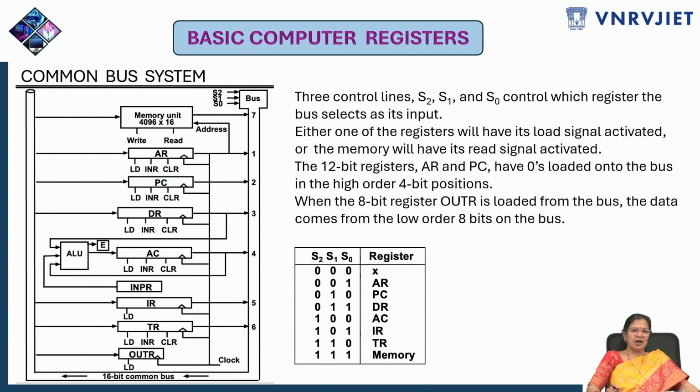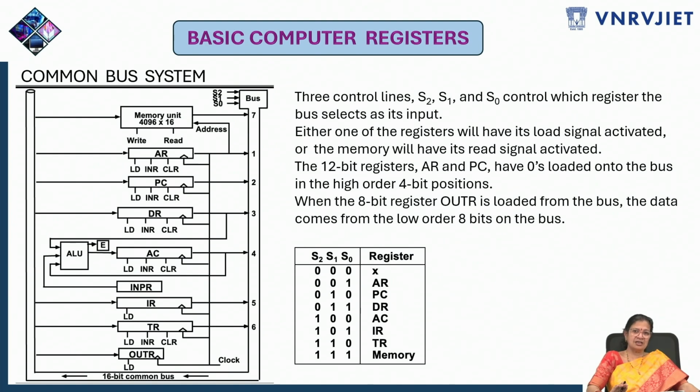When we come to the bus system, basically all architectures are divided into 2 categories: von Neumann model and Harvard model. In the von Neumann model, we use a single memory for holding both data and program, and also a common bus to transfer the instructions as well as the data.